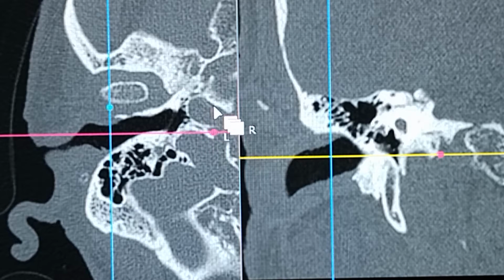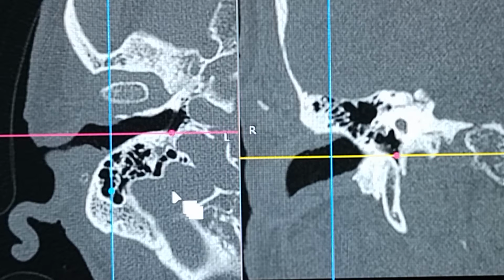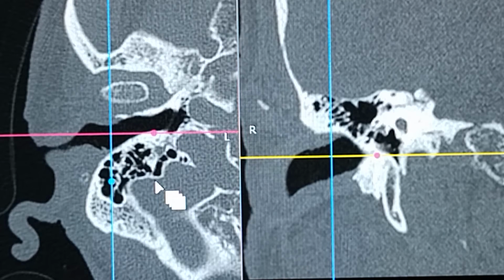That is the internal carotid artery, and that's the internal jugular vein. That's the jugular bulb, basically, not the fossa. That's the jugular bulb, and that's the IJV over here, and that's the ICA. And somewhere here you can see the sigmoid sinus much more clearly. As we go a little bit superior, you can see the actual sigmoid sinus.